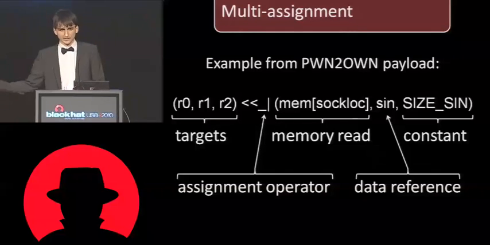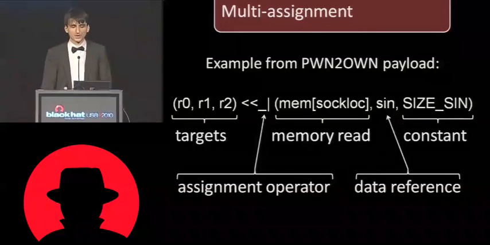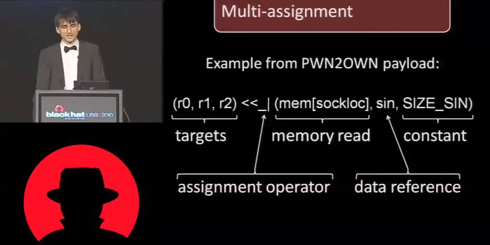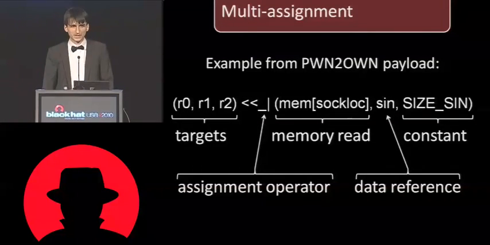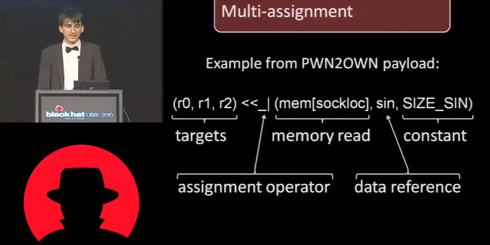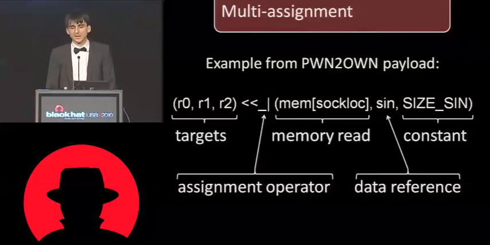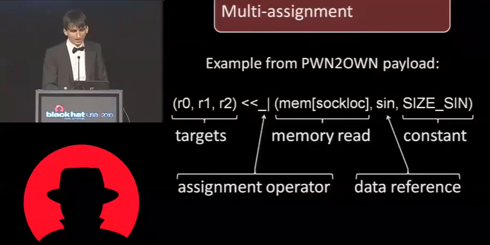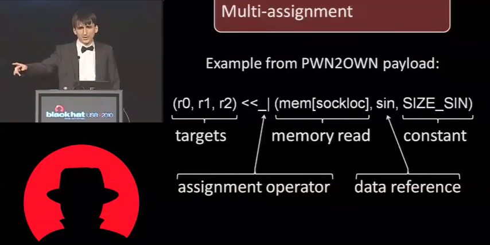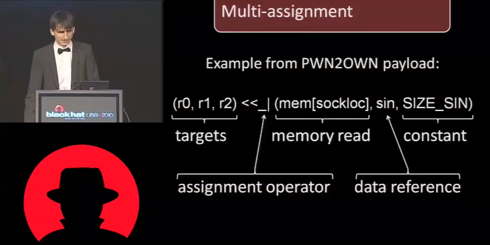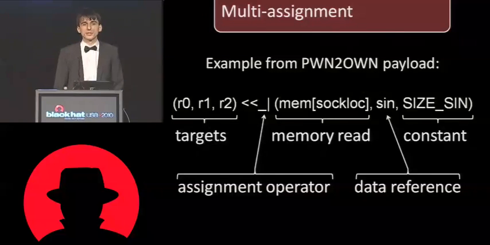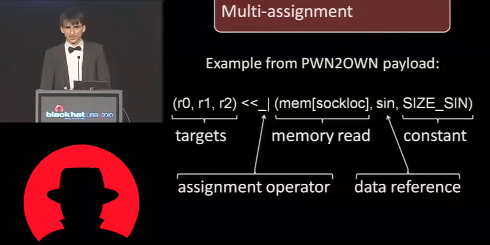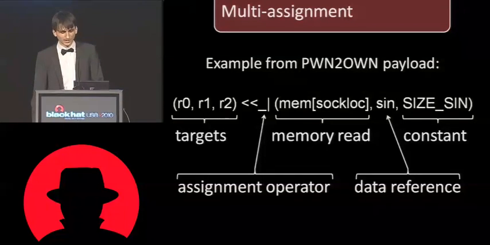Then as a second argument, which goes into R1, you have the data reference to the sock address in that you have defined. And the third is just a constant assignment of the size of this struct into R2. So you will notice this kind of funny thing in between that we use as an assignment operator. This is a very nasty hack because you cannot overload the assignment operator in Python.